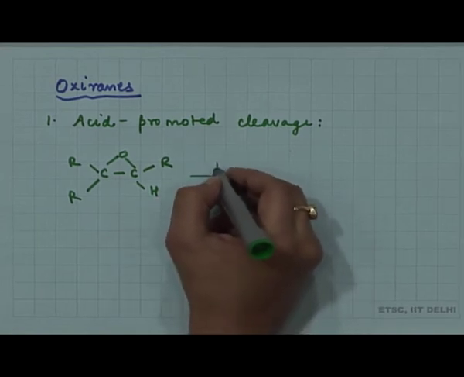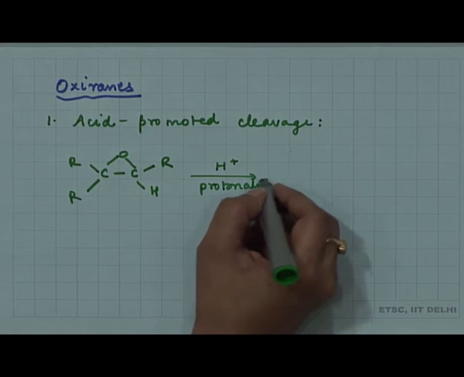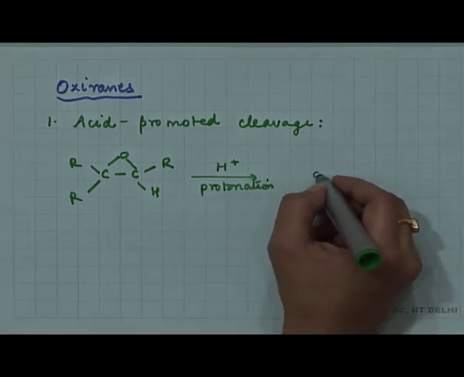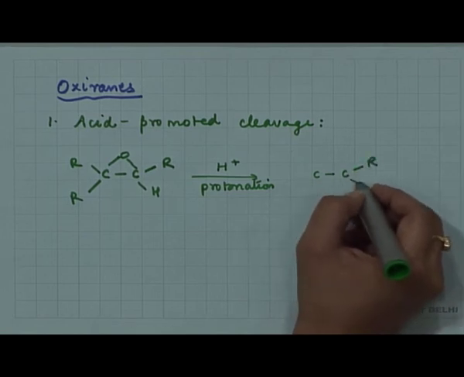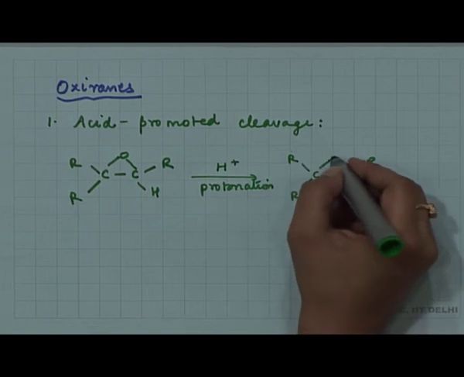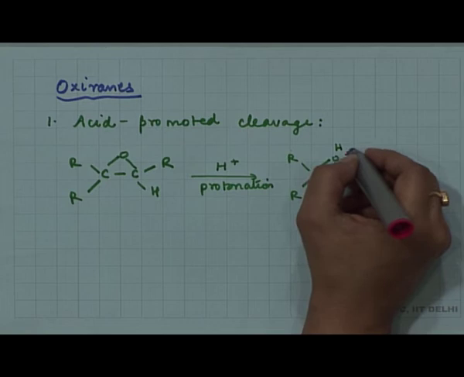Again, the first step is your protonation, right, and what you get is, it is an unsymmetrical oxyrane, as you can see both the carbons are differently substituted. So, you get this protonated oxyrane.